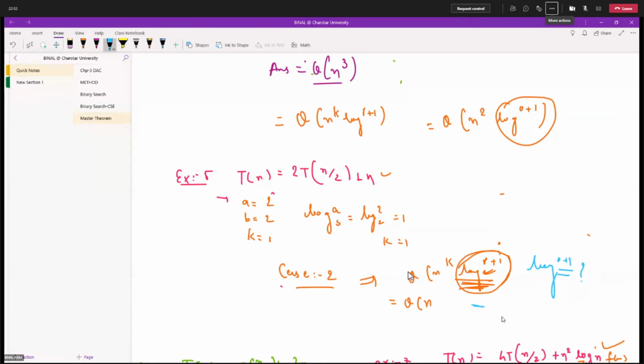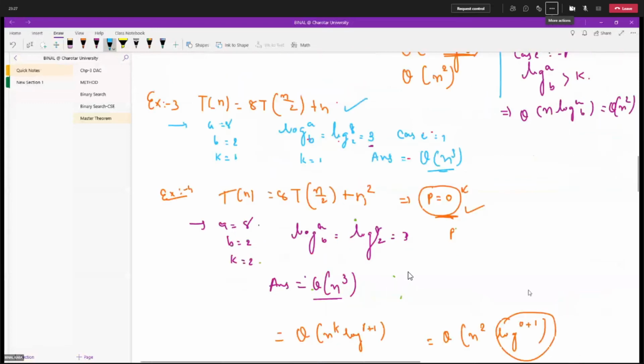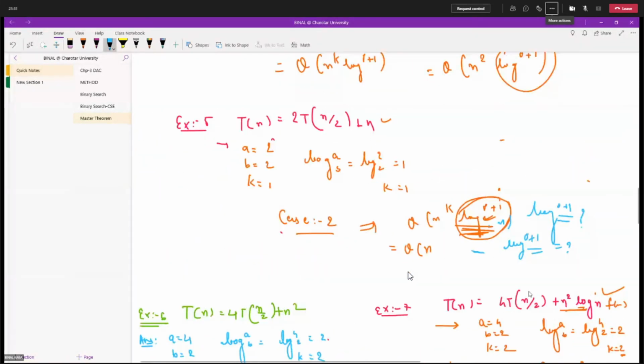Come on, say it quickly. Ma'am, if we consider base 10, then log 1 will be 0. Okay, leave that, if it is 0 plus 1, tell me directly what its answer is. There is one more n here. Log of P plus 1, with n, 0 plus 1, so what is the answer? Log n. Correct. So log n. Why is it log n? Can you explain?